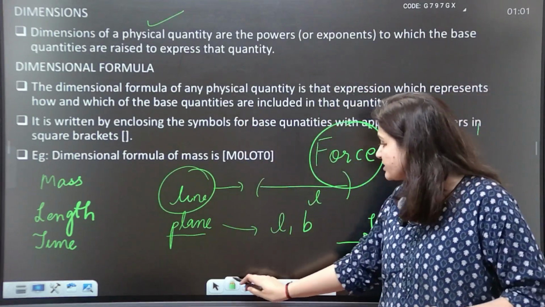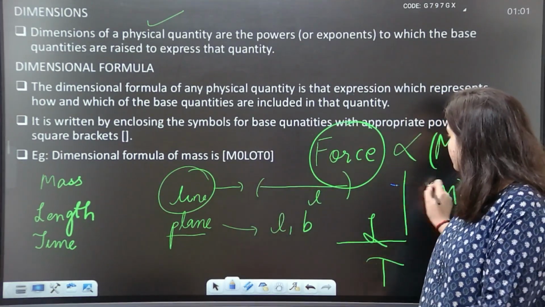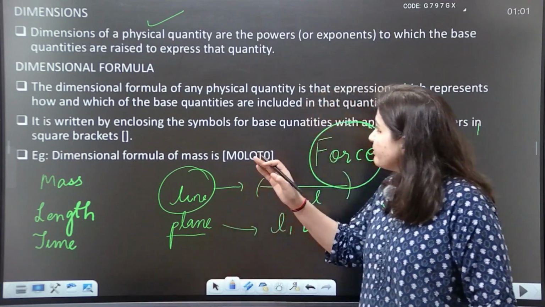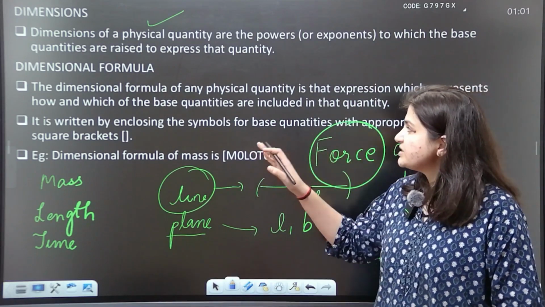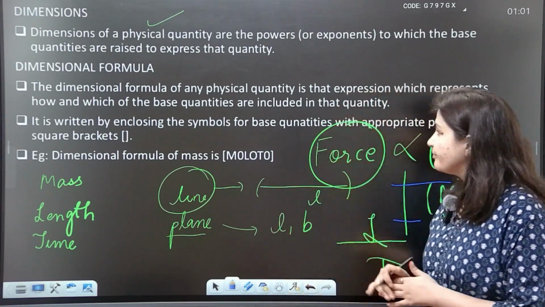So we will understand the concept of dimension, like how these quantities depend on each term. The dimension formula of any physical quantity is the expression which shows which of the base quantities are included and how.